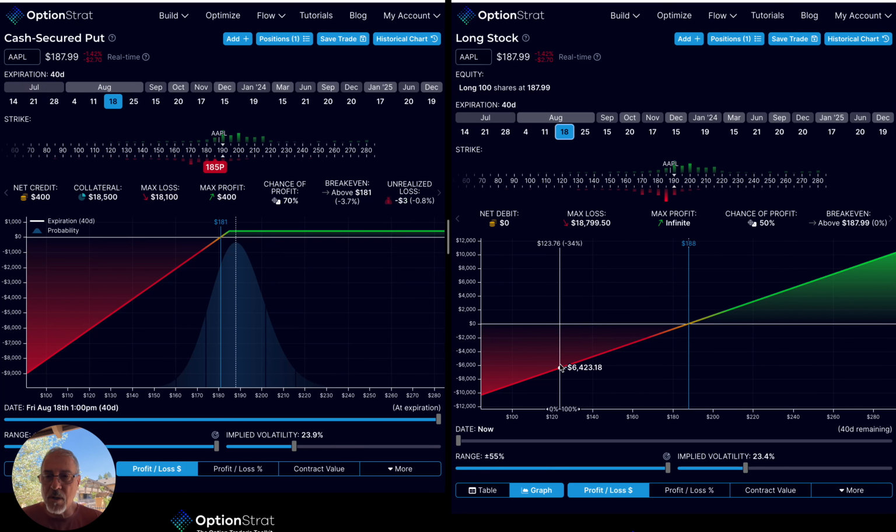So what I want to do is compare in this specific example today. It's going to be relatively simple, relatively short. We are going to look at the difference in owning 100 shares of Apple stock versus selling a put in Apple stock. So let me just expand this here.